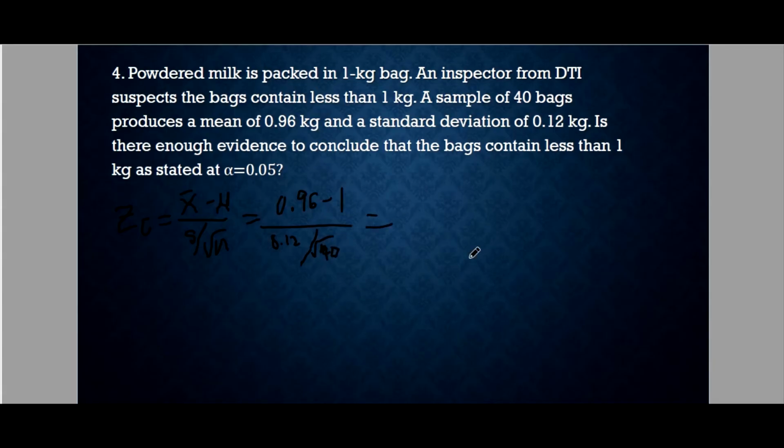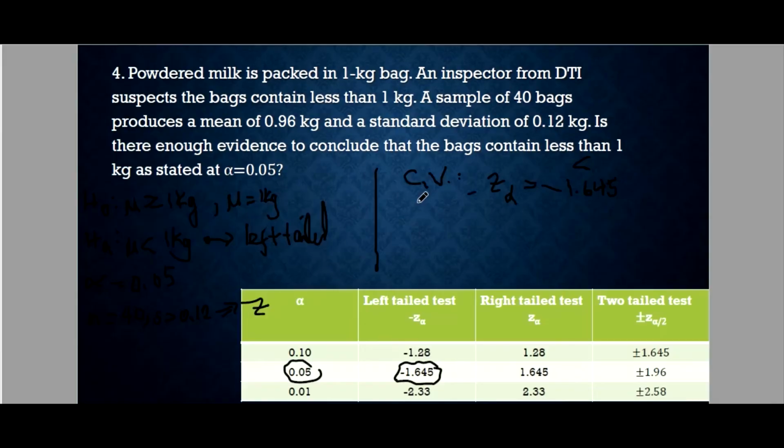So you may use your calculator: 0.96 minus 1 divided by 0.12 divided by square root of 40. So this is negative 2.11. So our Z computed is negative 2.11, and our critical value is negative 1.645.